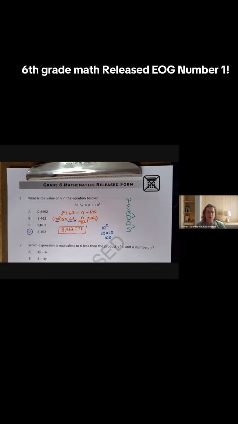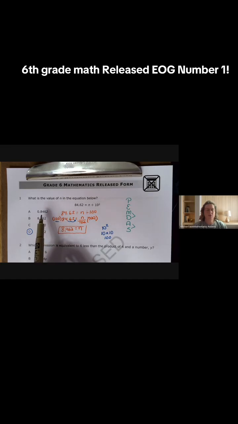Now, this is one of those that your student could technically use the answers. It's calculator inactive, so they would have to do the work. But they could technically use the answer choices and plug in each of these. If they knew that the decimal moves right or left, then that would help them, and they can just plug in and see which one would be right.